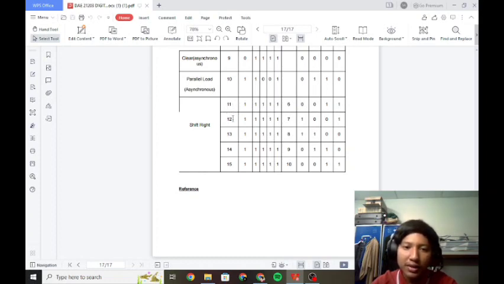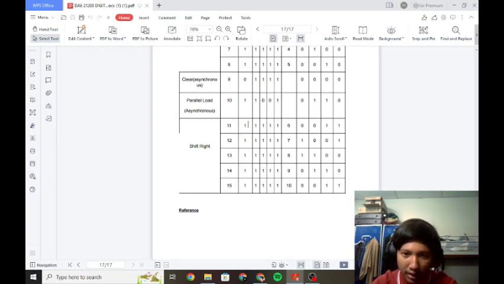There's 11, 12, 13, 14, and 15. At line 11, when clear is 1, A 1, B 1, C 1, D 1. Clock pulse will be turned on to the next clock pulse, that is 6. Output at A will be 0, B will be 0, C will be 1, D will be 1.